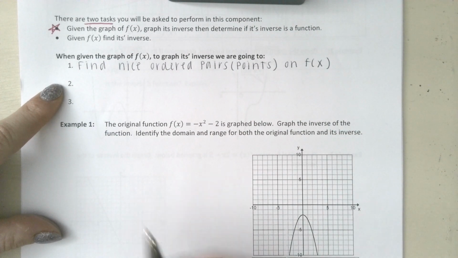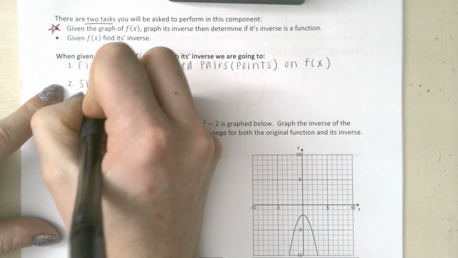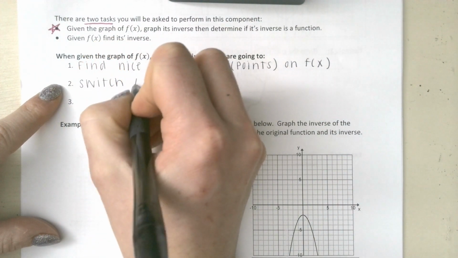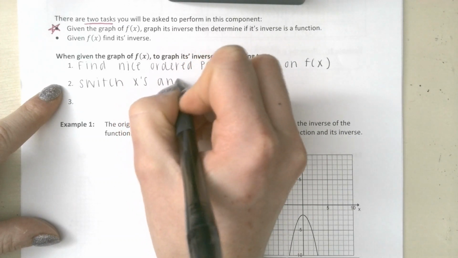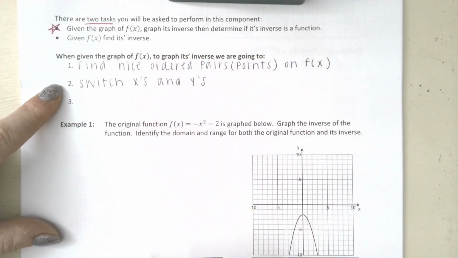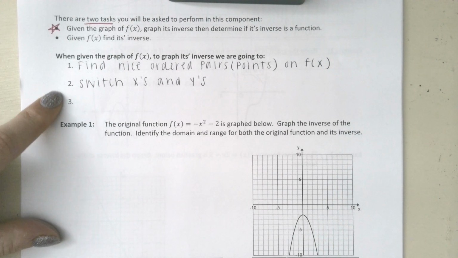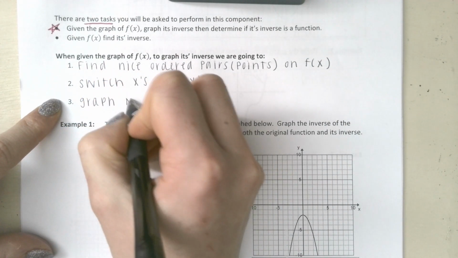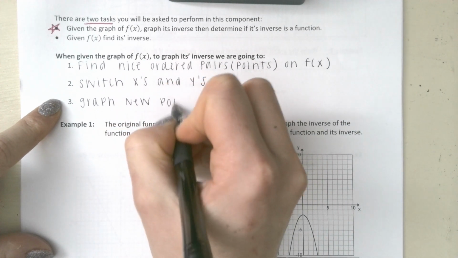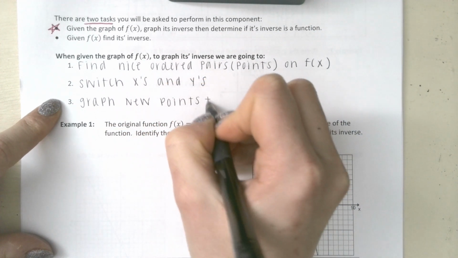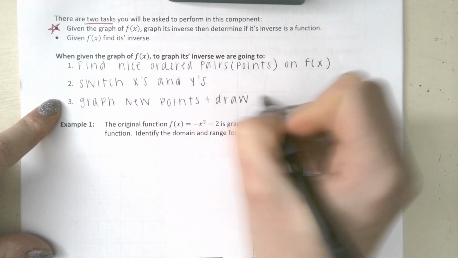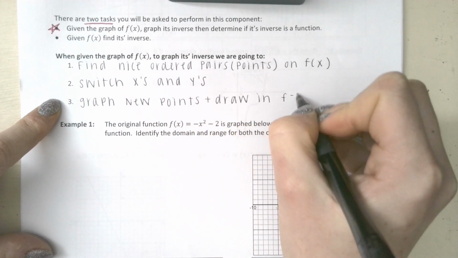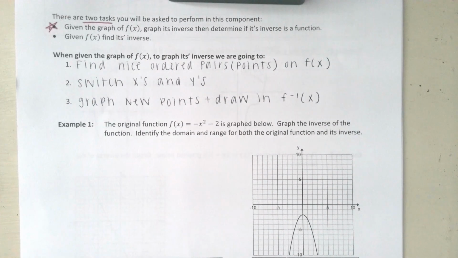Once I have those ordered pairs, we are then going to switch the x's and the y's. So we're going to flip-flop our x's and our y's. Once I have those new points, I am now going to graph the new points and draw in the inverse of f.